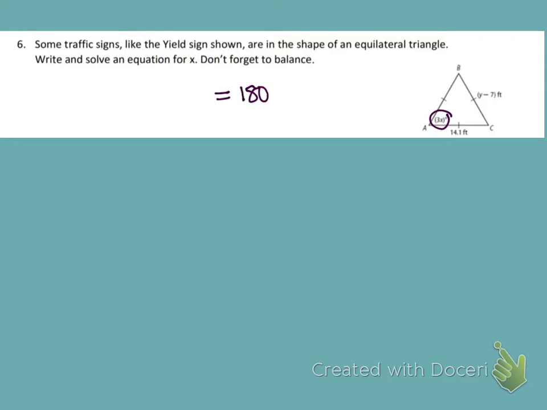So I don't know this value, which means it is 3. Well, why is it 3x? Because it's an equilateral triangle, right? So if it's an equilateral triangle, all 3 angles are the same. So I have one angle that's 3x plus another angle that's 3x plus another angle that's 3x.